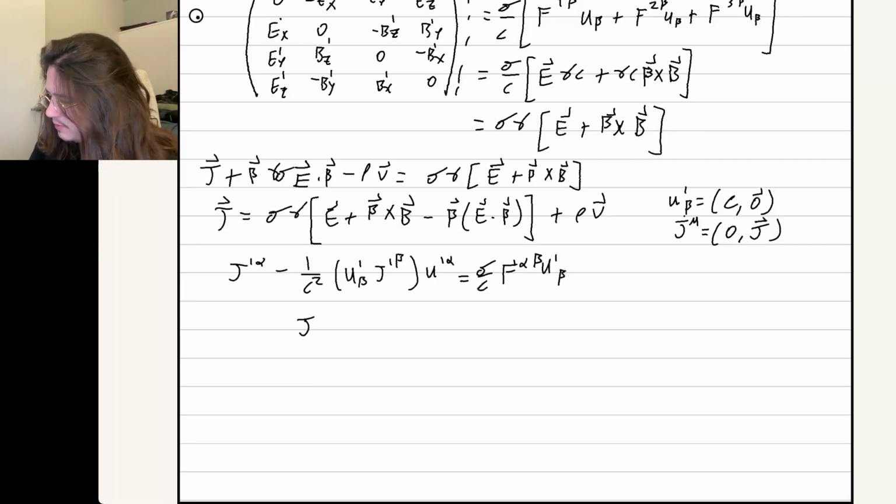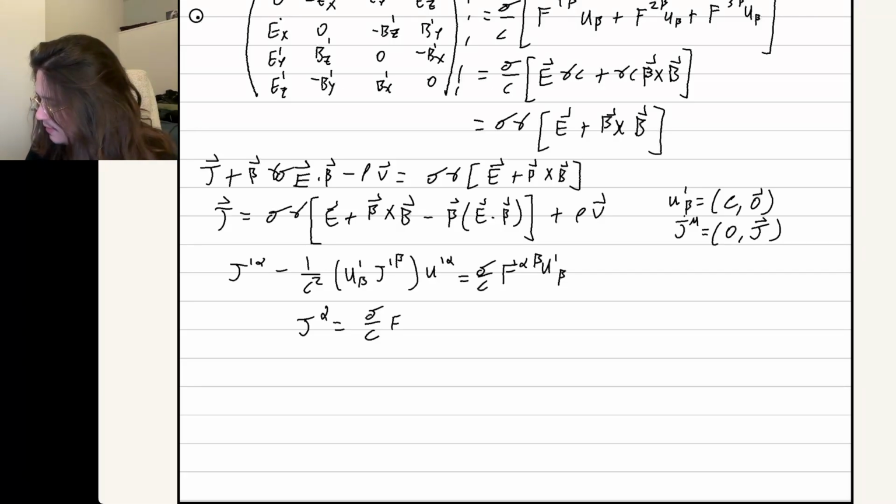So actually we just have J_alpha equals sigma over c F_alpha beta u_beta, right?